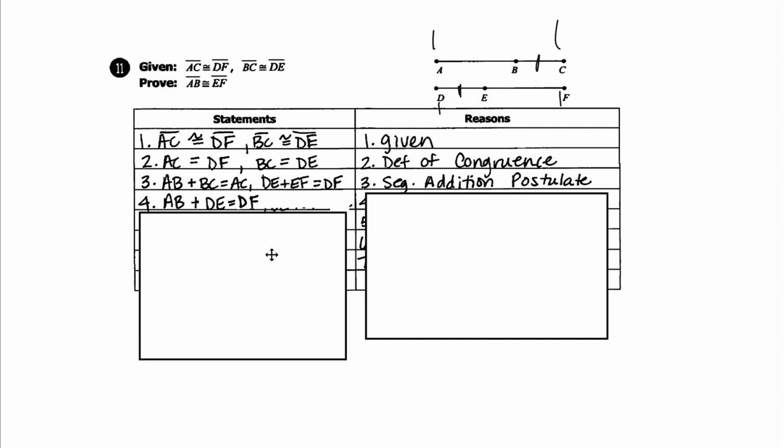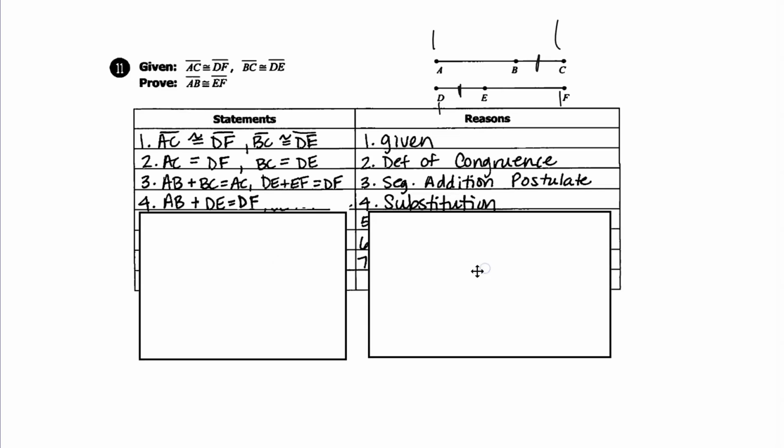That is just literally substituting things, right? Because we know that BC equals DE. That's what we're substituting.